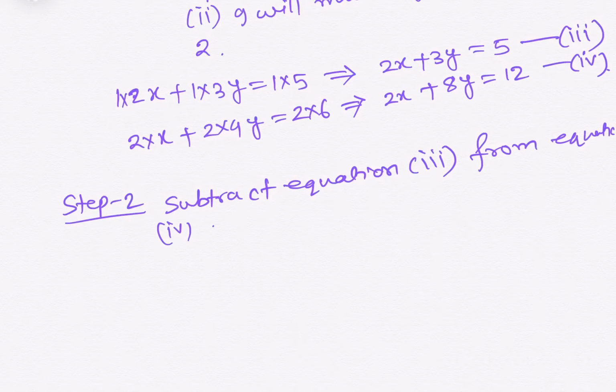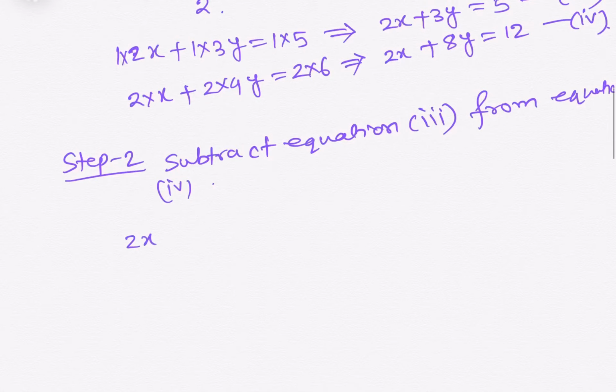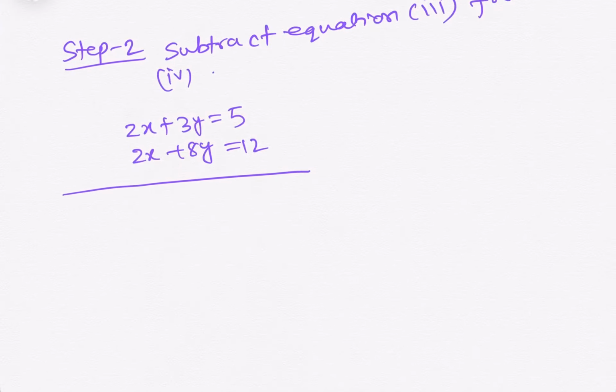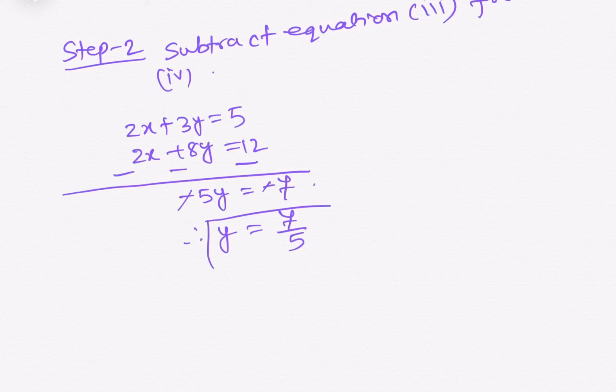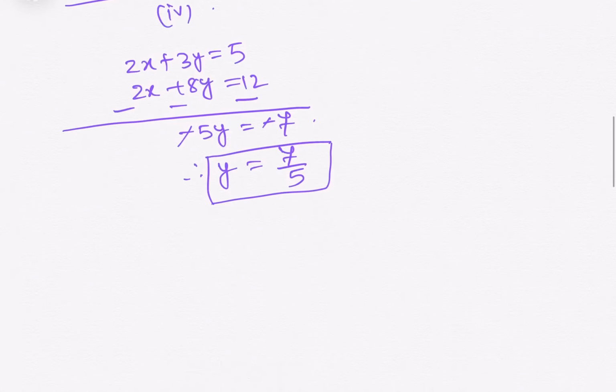Write down the two equations: 2x plus 3y equals 5, and 2x plus 8y equals 12. Subtracting both equations, 2x minus 2x cancels. Then 3y minus 8y is minus 5y, equals 5 minus 12, which is minus 7. Both sides' minus signs cancel, so the value of one variable, y, is 7/5.